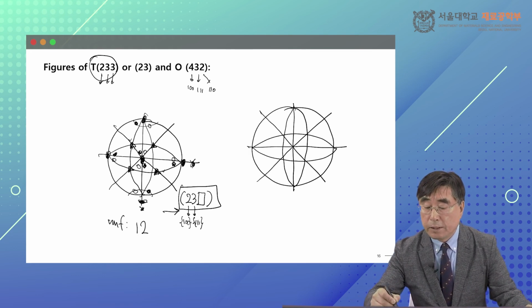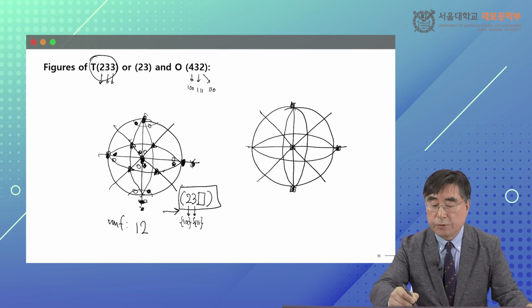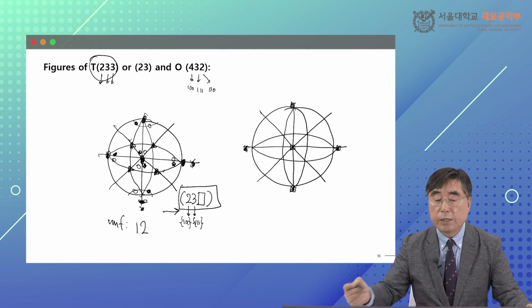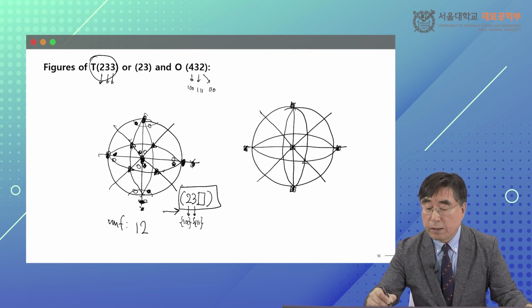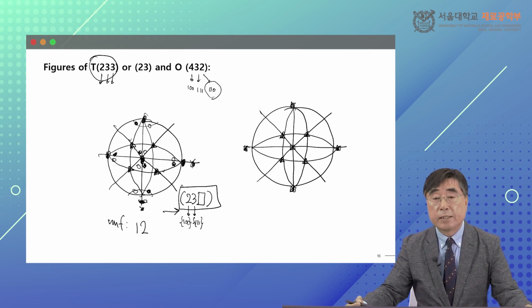All right, so there is fourfold; the x-axis and y-axis have fourfold, so this one has fourfold, this one has fourfold. So all the 100 type axes have fourfold. Now all the 111 type axes have threefold.